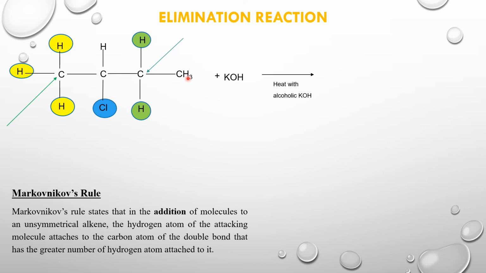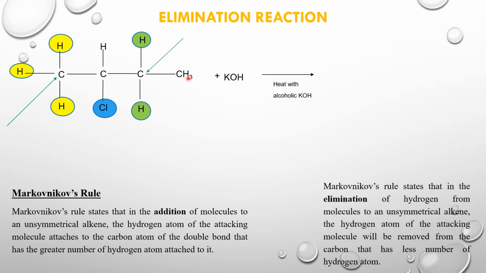Now, if you are adding a hydrogen atom, the hydrogen will go to the carbon that already has more hydrogen. But if you are eliminating something, removing the hydrogen, like in this reaction here, the hydrogen will be removed from the carbon that has fewer hydrogen atoms.